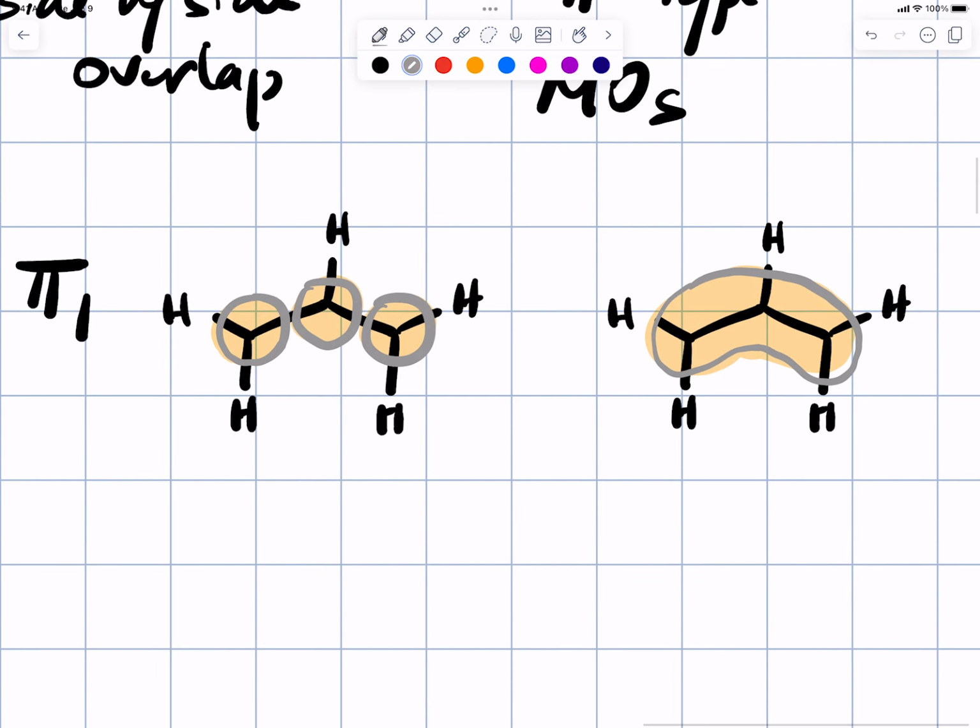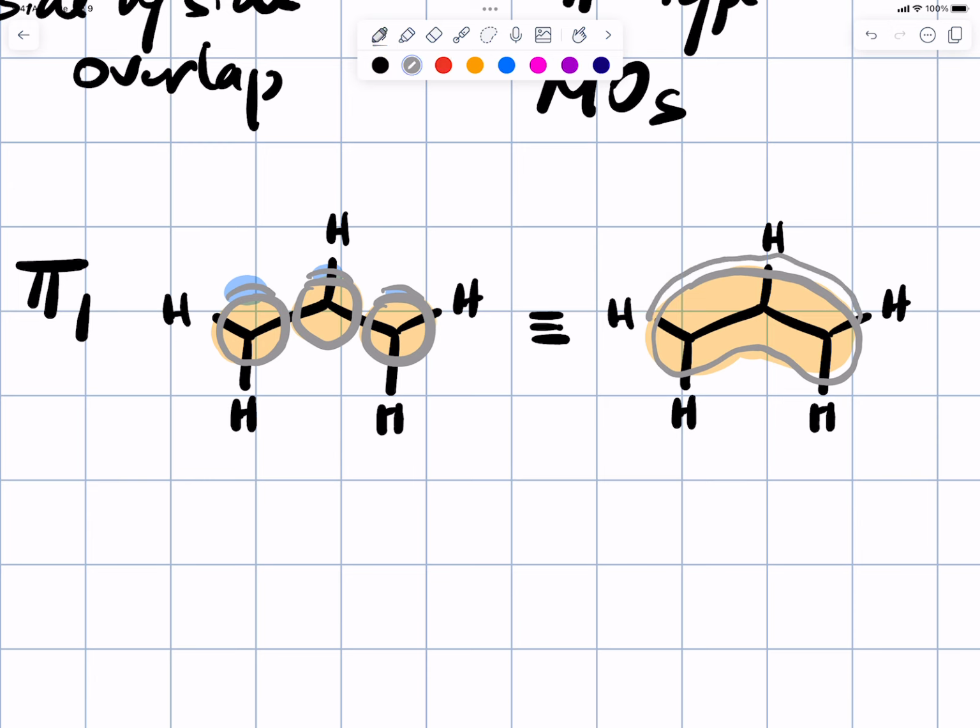Anyway, what I've drawn on the left is a sort of stylistic or schematic representation of what this orbital actually looks like. If you want, I can draw the lobes that are underneath the plane of the page. This pi 1 orbital has a node in the plane of the sigma bonds where there's a switch in wave function sign.